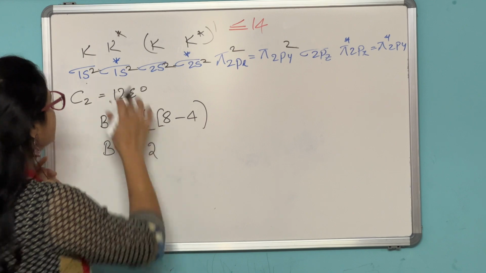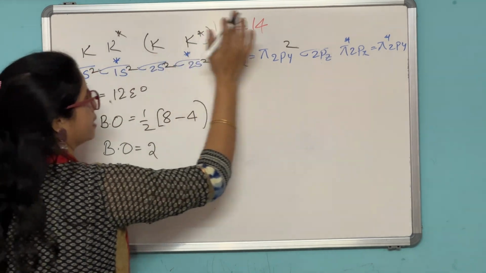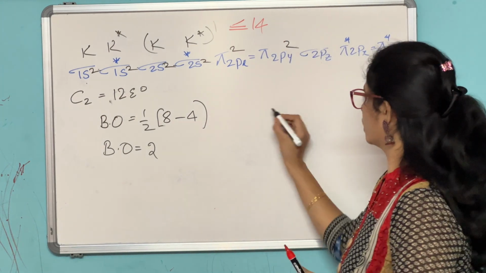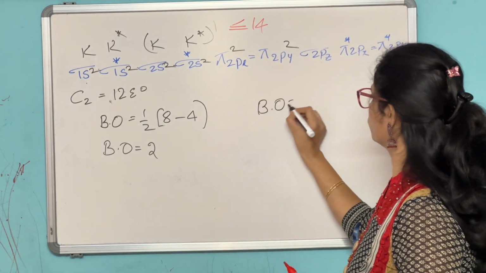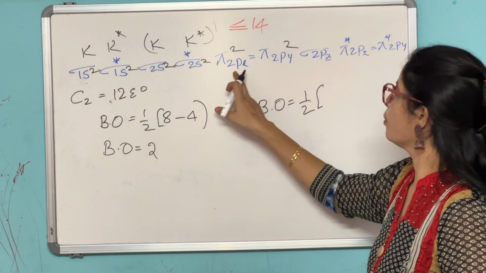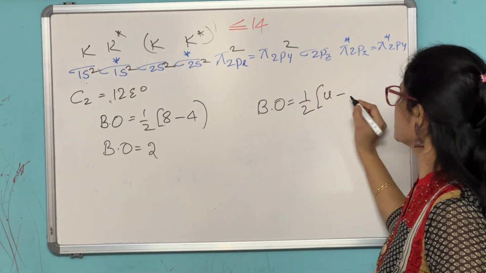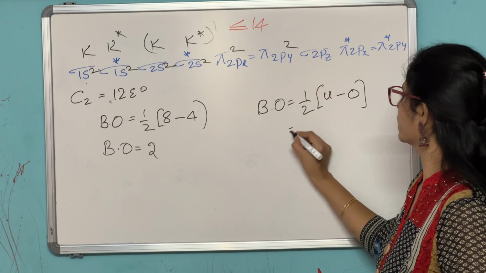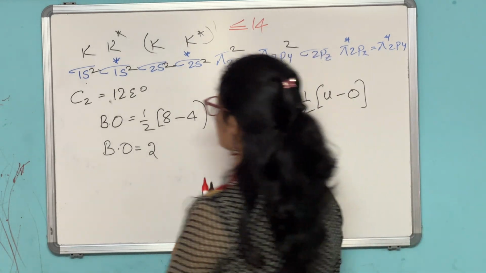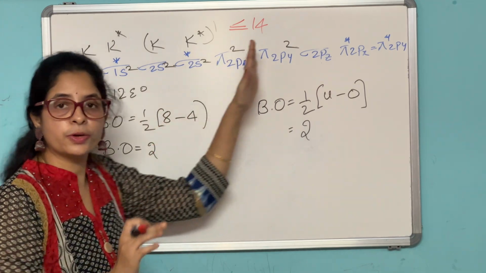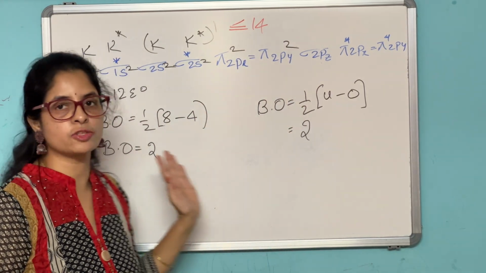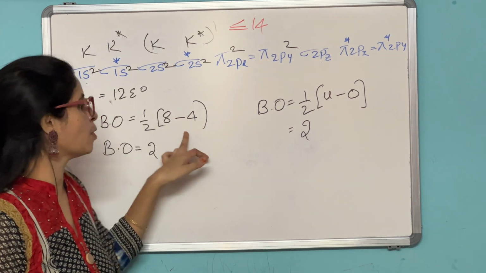Now you omit this K K star, and by omitting it you calculate the bond order. Bond order is equal to half of the difference between the number of bonding and anti-bonding electrons. How many bonding? 4, minus anti-bonding 0. So 4 by 2 is 2. Clear? So if these shells are filled, you can omit them while writing the energy level diagram and also while calculating the bond order.